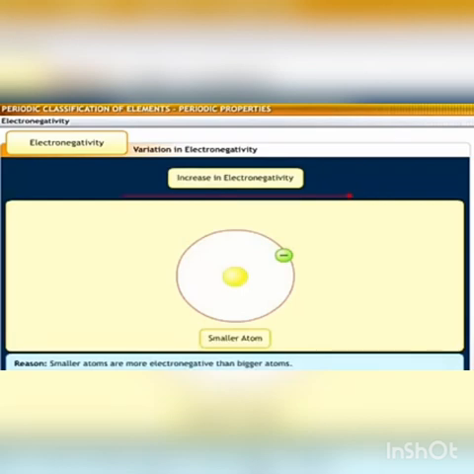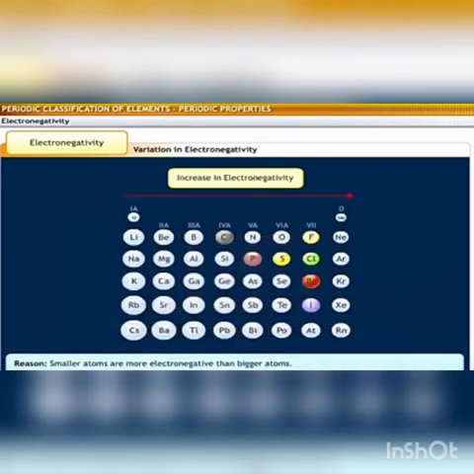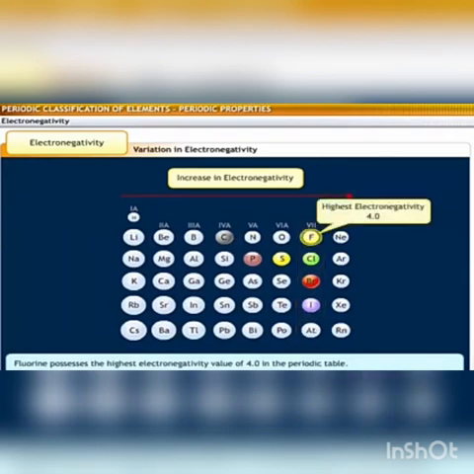Smaller atoms are more electronegative than bigger atoms. In smaller atoms, the outer shell is very close to the nucleus and hence the attraction between the nucleus and the electrons is stronger. In the periodic table, halogens have high values. Fluorine possesses the highest electronegativity value of 4.0 in the periodic table.